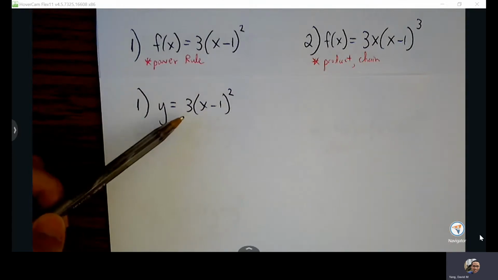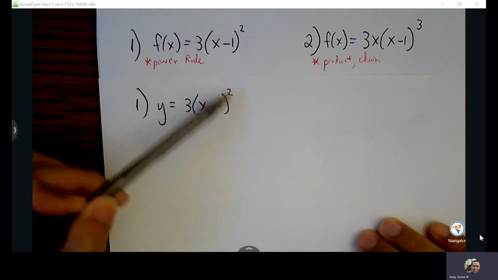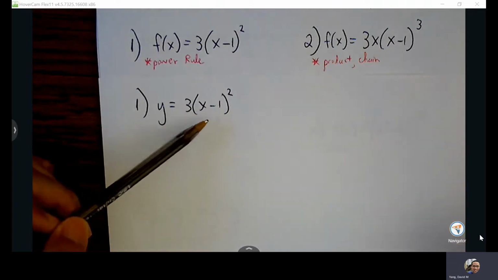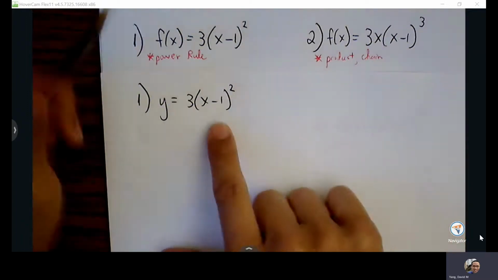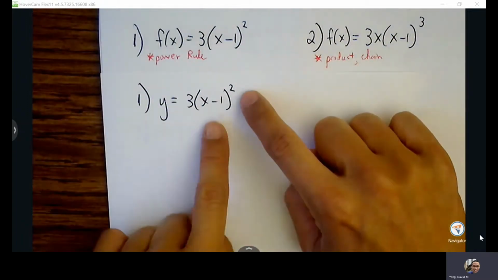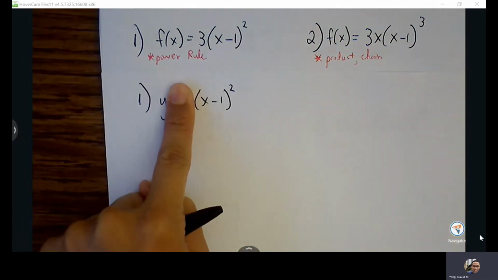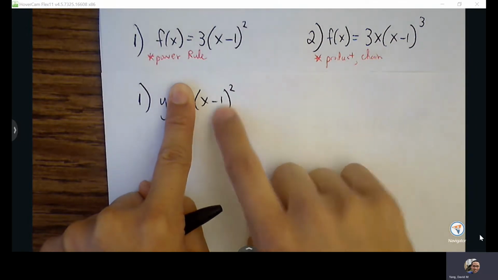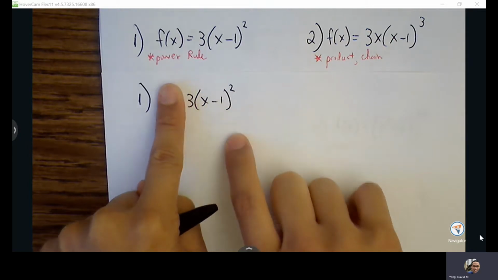Be careful how you manage this, because I see students try to do power rule without cleaning this up, or they try to clean it up but it doesn't quite work out, either from order of operations or distributing wrong. So what you want to do is understand exponent comes before multiplication. So let's take care of this first. And we've got to make sure we handle this correctly. We can't distribute that 2 through. We've got to write this out twice, FOIL, clean it up, and after I clean this up, then I'll deal with the 3.